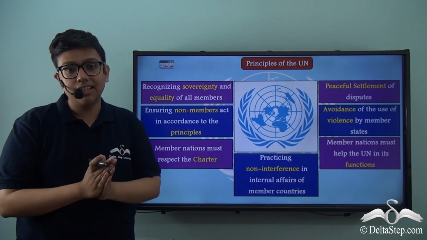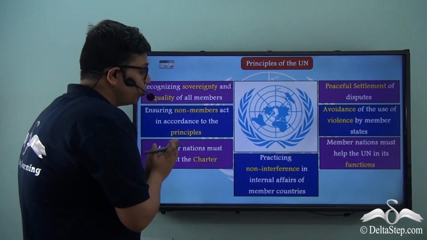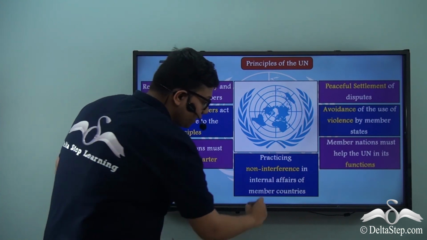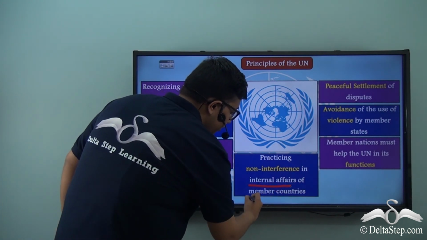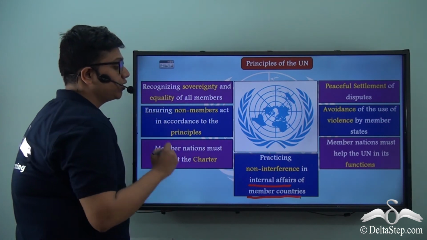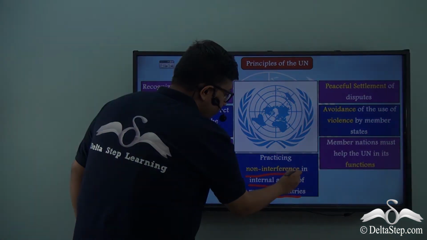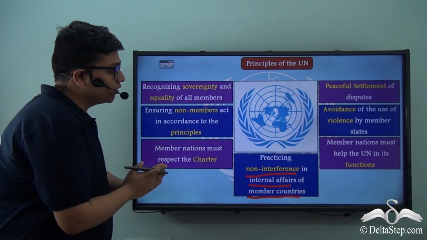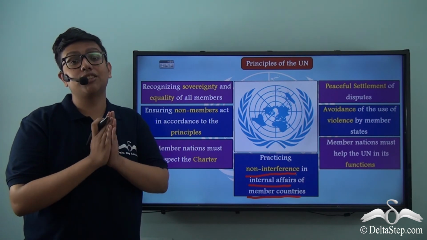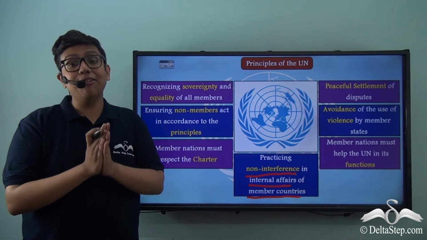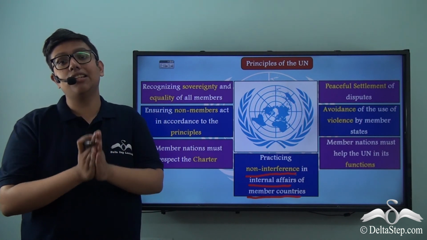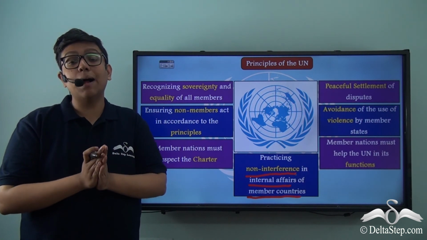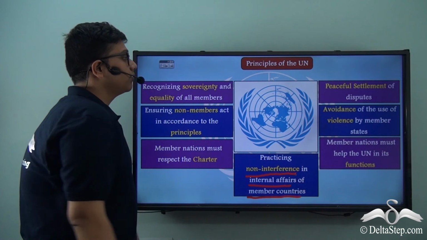And by the UN Charter, the United Nations should not interfere in the internal affairs of the member countries and thus practice non-interference. This policy of non-interference is also applicable to the member states as well, so that they do not interfere in the internal affairs of other nations while trying to establish friendly relations.